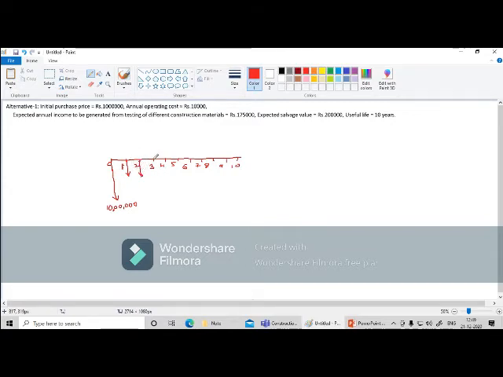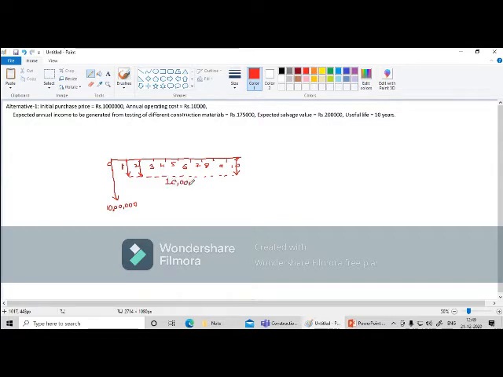So instead of drawing arrows for every year, I'll just draw two arrows and the last arrow, and I'll connect them through dotted lines. Why am I connecting it through dotted lines? I'll mention it as 10,000.